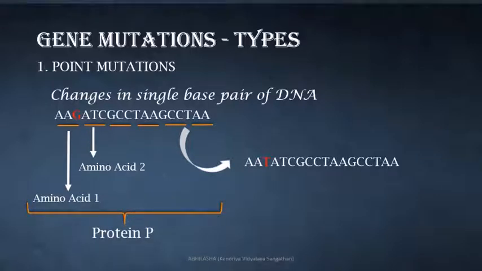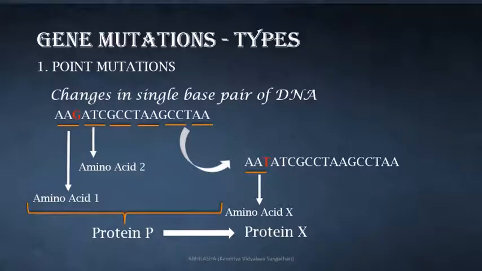These amino acids join together to form the protein P. So if AAG changes to AAT, instead of amino acid 1, some other amino acid X will be formed. Now since one amino acid is changed and these amino acids are joining to form the protein, the nature of the protein also changes. Protein changes, the pigment or the enzyme it forms will change, and this is how a change in one base can alter the trait.